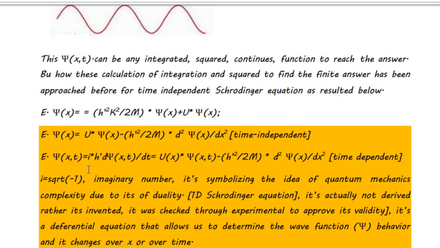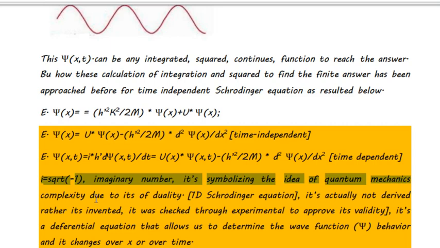And how could we apply an imaginary number in the Schrodinger equation, which is still describing real values, a real particle? How can we apply such a value into this equation, and what is the meaning of this value? Maybe, if we simply describe it, it could symbolize the complexity of quantum mechanics.